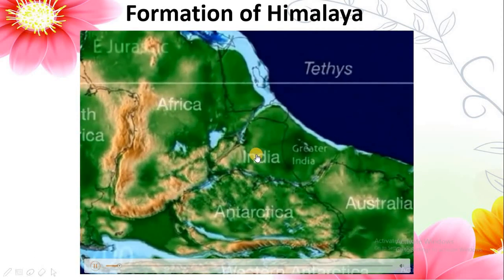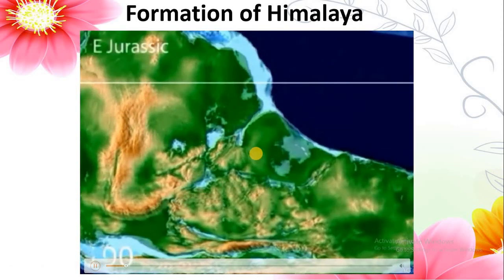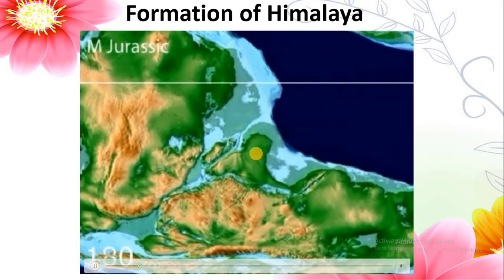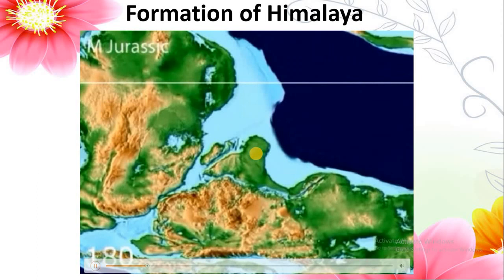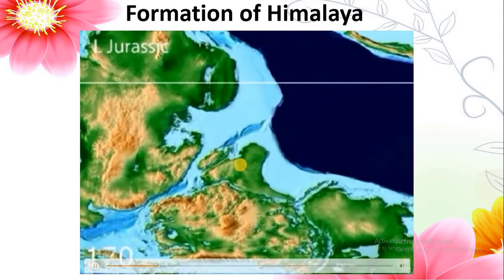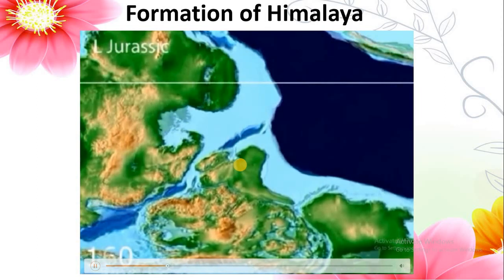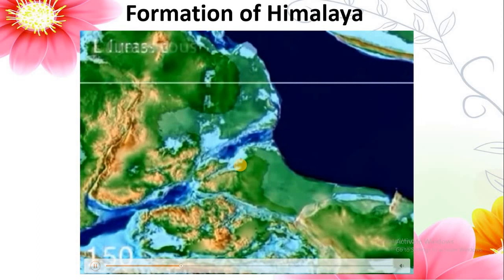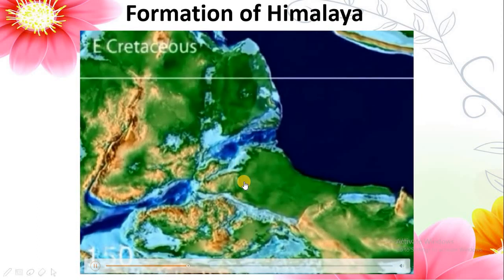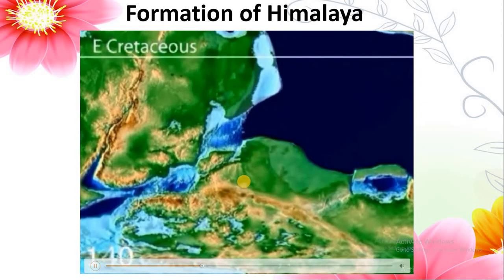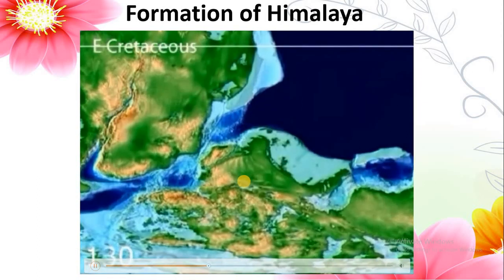This is the peninsular part of India, which has been broken from Gondwanaland. This peninsular part is the oldest landmass of India, part of Gondwanaland. Now you see this peninsular part started shifting towards the north.